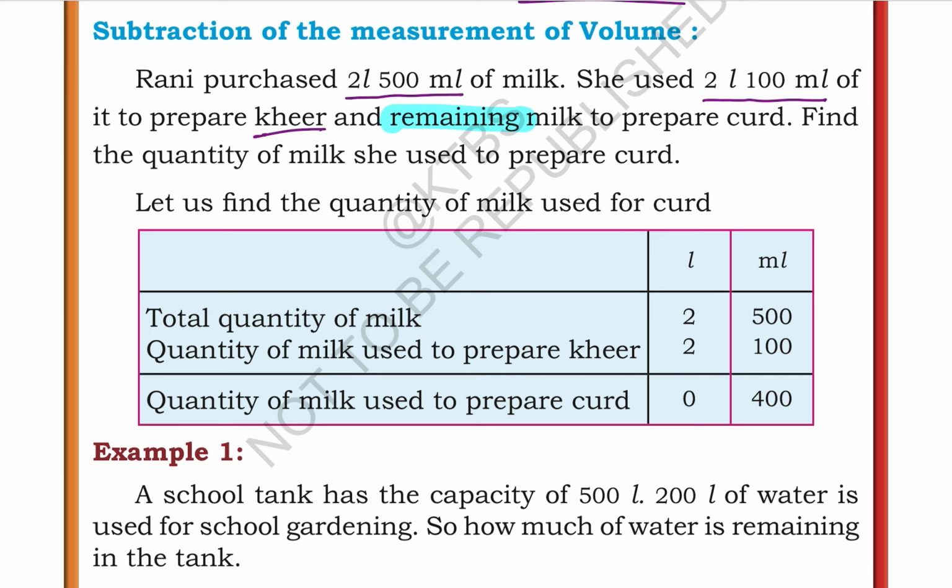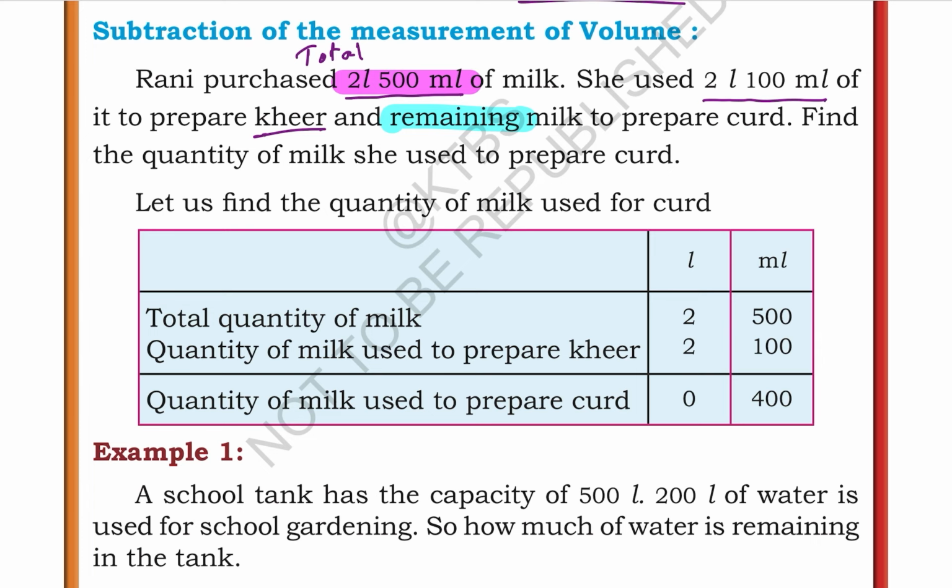Total volume is whatever she has purchased. Which one is that? 2 liter 500 milliliter. This total is already given in the question.